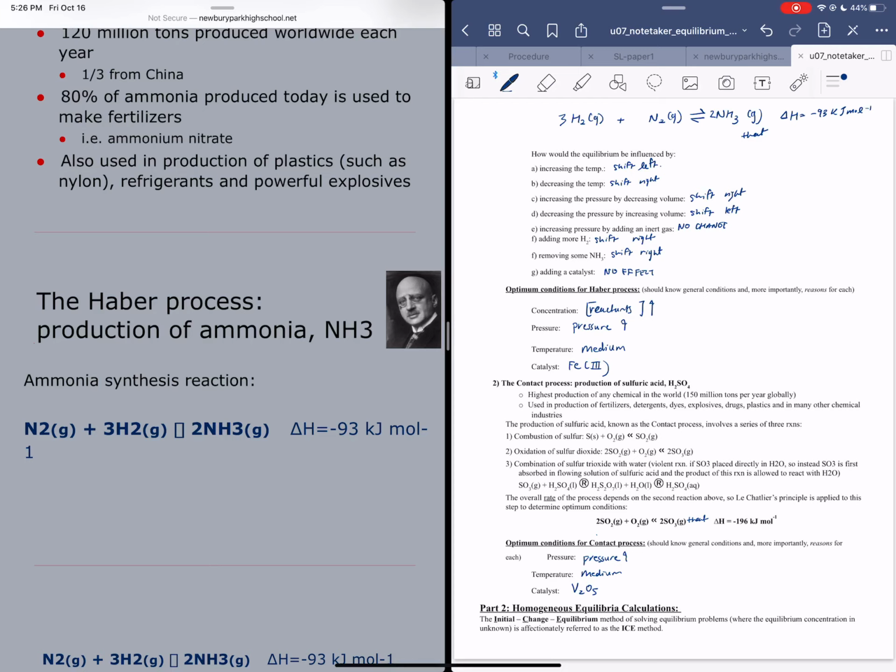Okay, so from what I'm seeing here, can't really find it. Okay, yeah, got it.